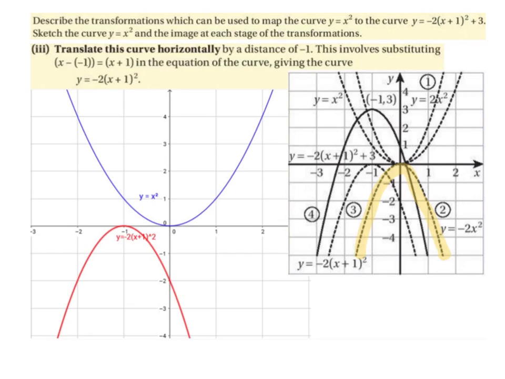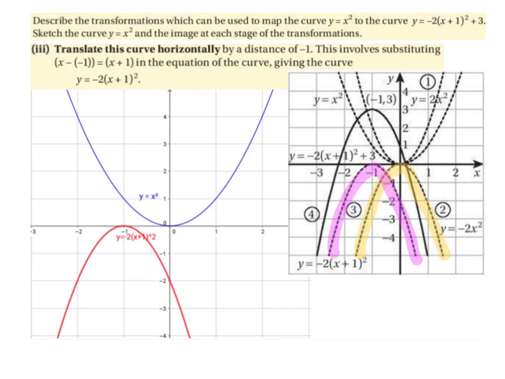In our last step we had this curve here, which is y equals minus 2x squared, and moving one step to the left, we end up with this curve, which is y equals minus 2 times (x plus 1) squared, this pink curve here. So it's been moved one step to the left. Its maximum point had been 0, 0. Now its maximum point is minus 1, 0. So one step to the left because we've plus 1 inside the bracket.